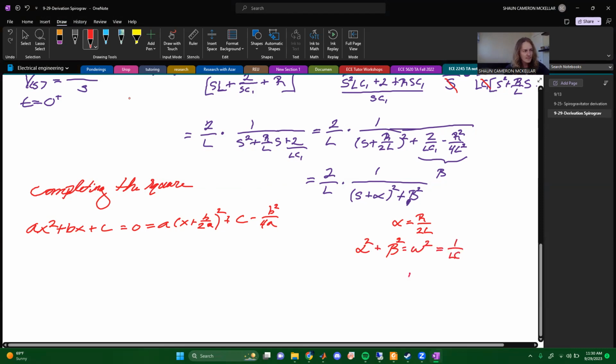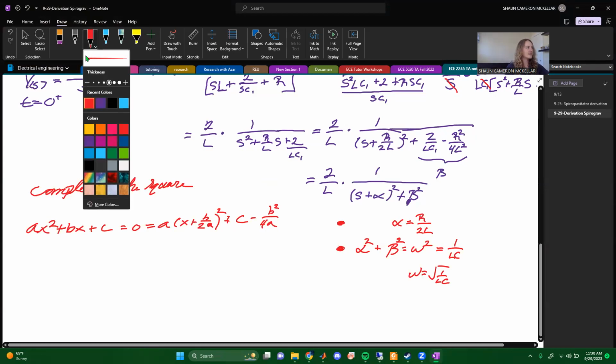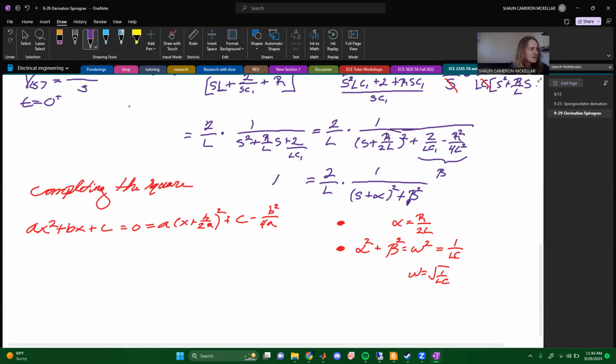That is to say that omega is the square root of 1 over LC. Okay, so these terms are really nice to have. Interestingly, they show up in almost every type of oscillating system. I'm not sure what their names are, but alpha and beta are good equations to have in our pocket, because now we can express I of S like this.